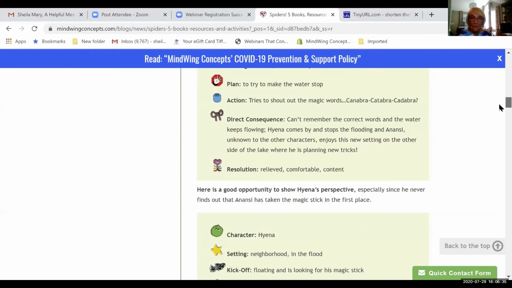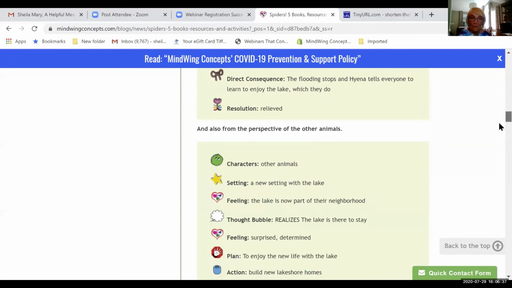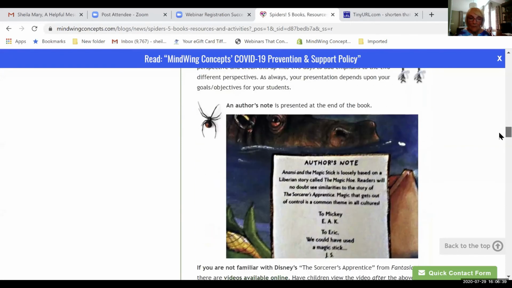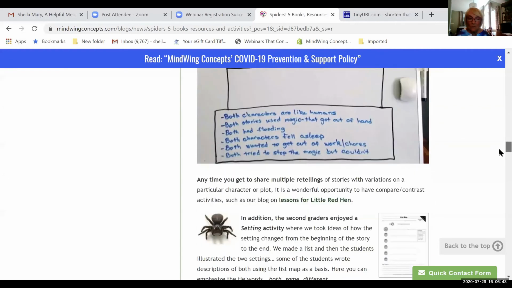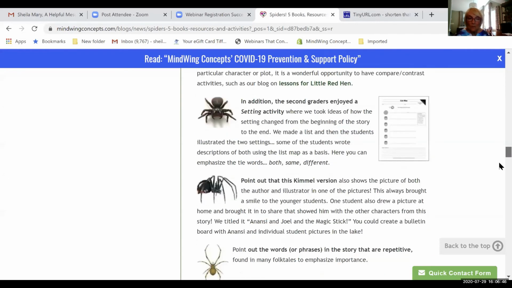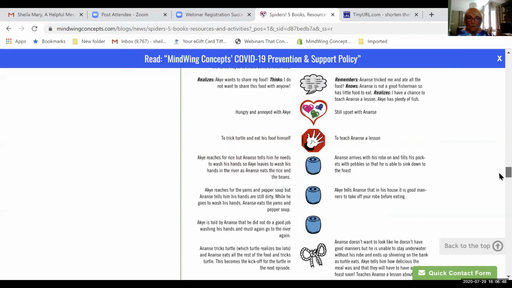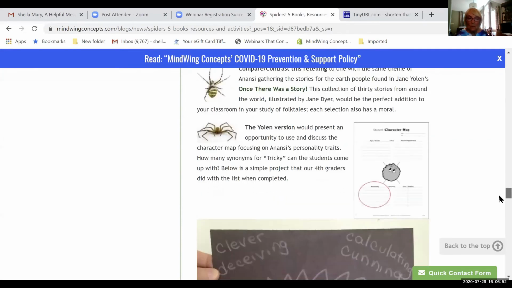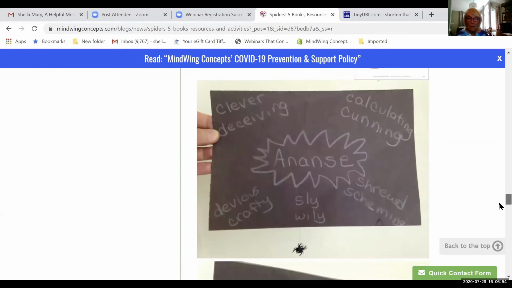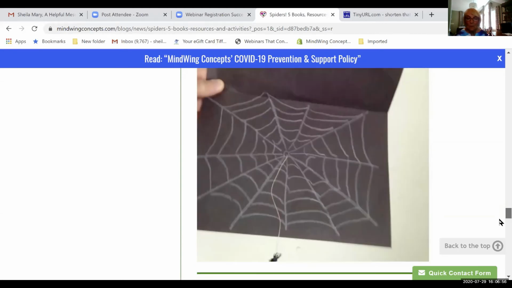And there are also, I think, some downloads that come with it. There's expository text here, some compare and contrast, listing, and also perspective taking. And then there's also a little art project that can be done.